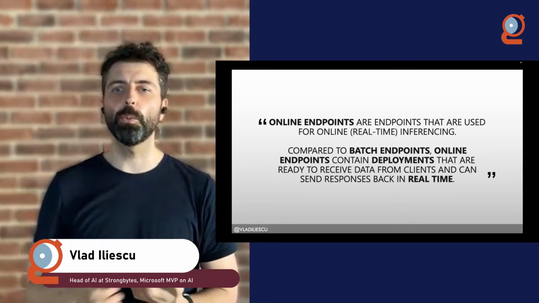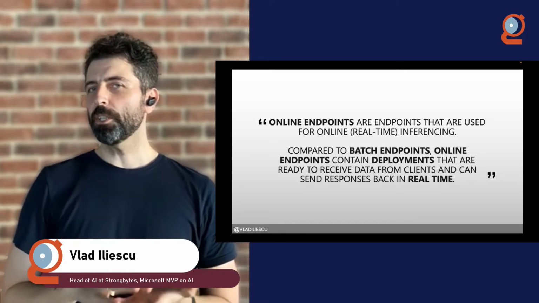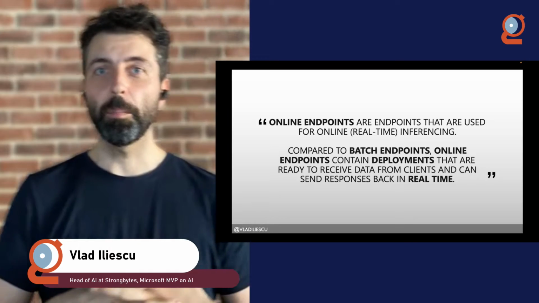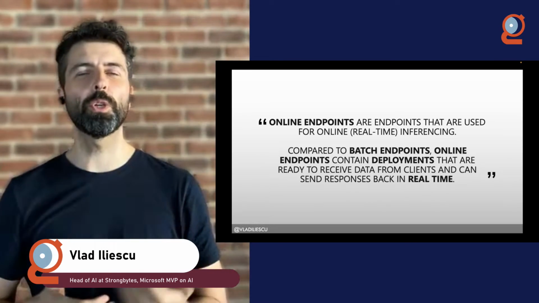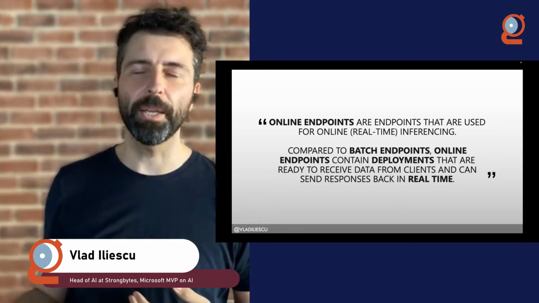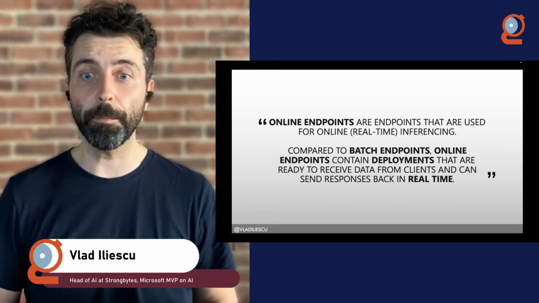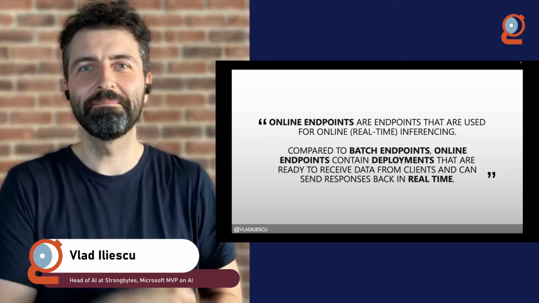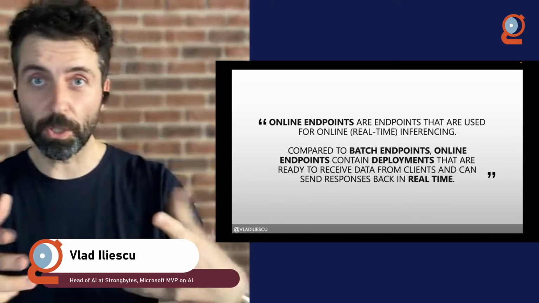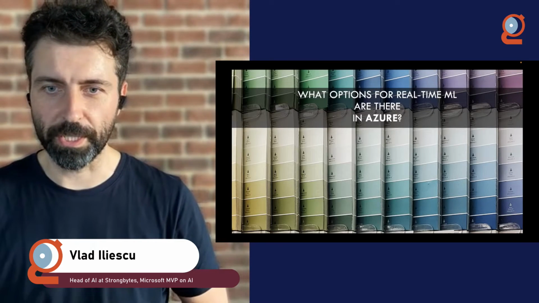As opposed to batch, where things are a bit different. I allocated some time in the second part of this presentation to get into more detail for batch machine learning and real-time machine learning. But for now, keep in mind that batch is not real-time and real-time is real-time. We're going to talk about online, which is real-time.